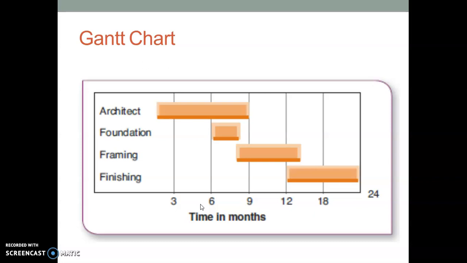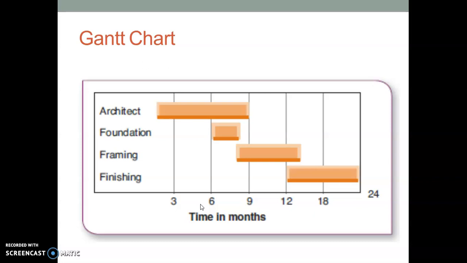That is, there is the architect's work, there is foundation work, then framing will be done, and finishing of all the things will be done if construction work has to be done. Within that, the time foundations are given. The architect work will be done within a duration of 3 months, starting from the first month and ending by the 9th month.